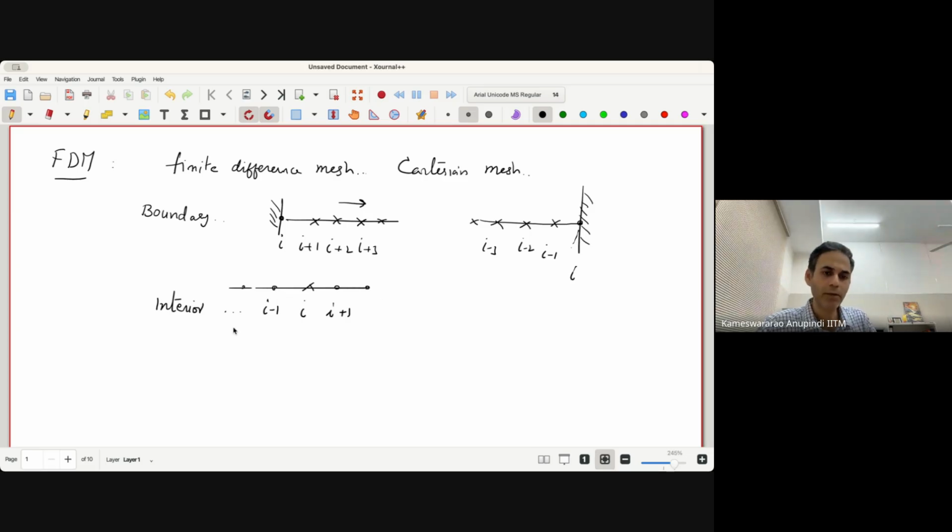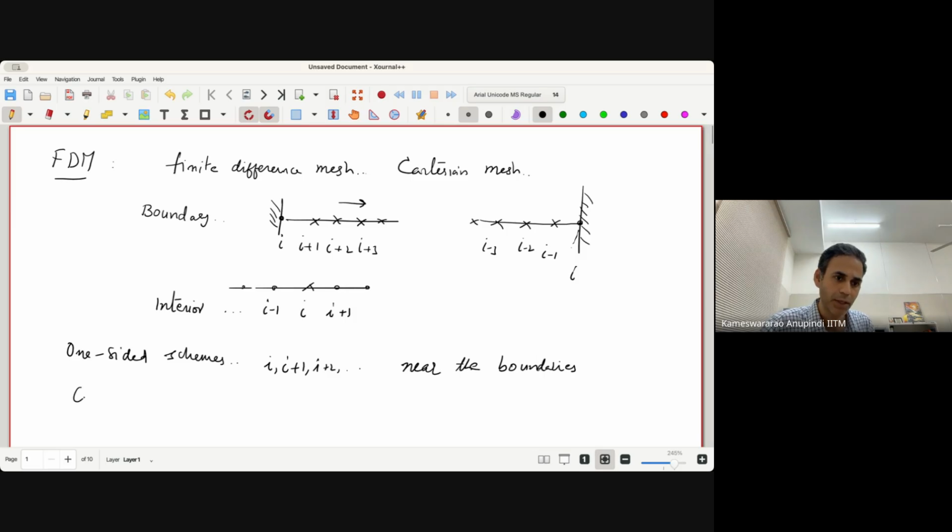As a result, we would be working with one-sided schemes near the boundaries, which take into account only I plus 1, I plus 2, and so on. We're going to use central schemes, which make use of I plus or minus 1, I plus or minus 2, and so on, when we are in the interior of the domain.